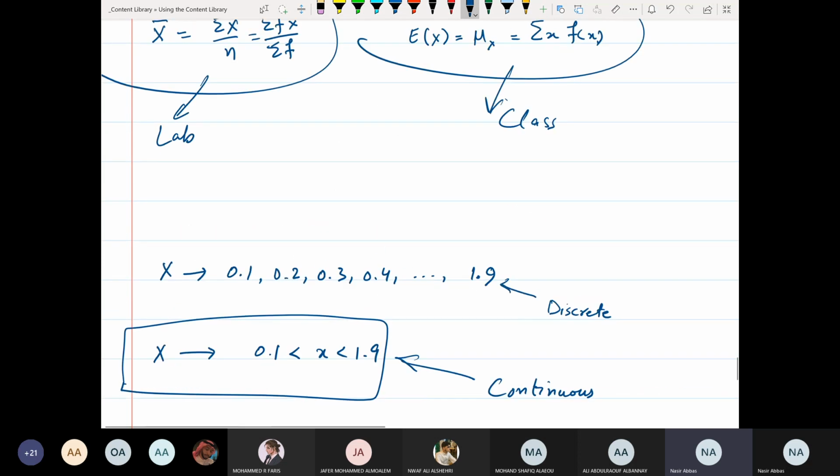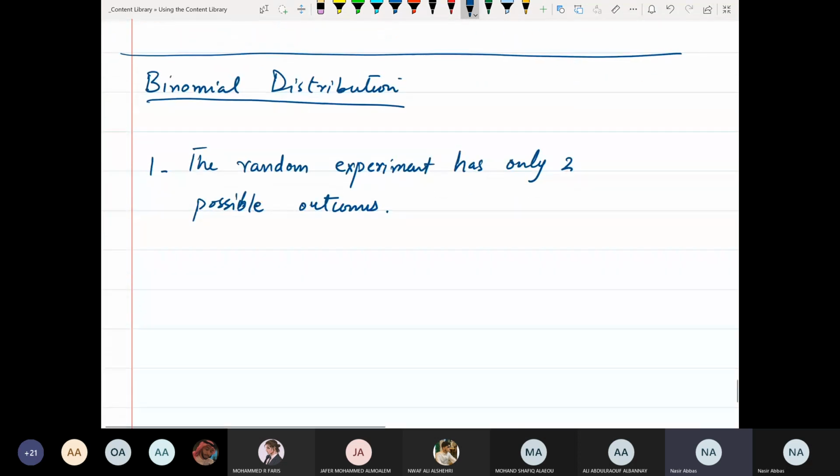The way we were doing this question, the defective and working. So in this experiment, there will be only 2 possible outcomes. You will be interested in one of them. Sometimes you are interested in number of working. Sometimes you are interested in number of defectives. So we call the one where we are interested success and the other one failure.